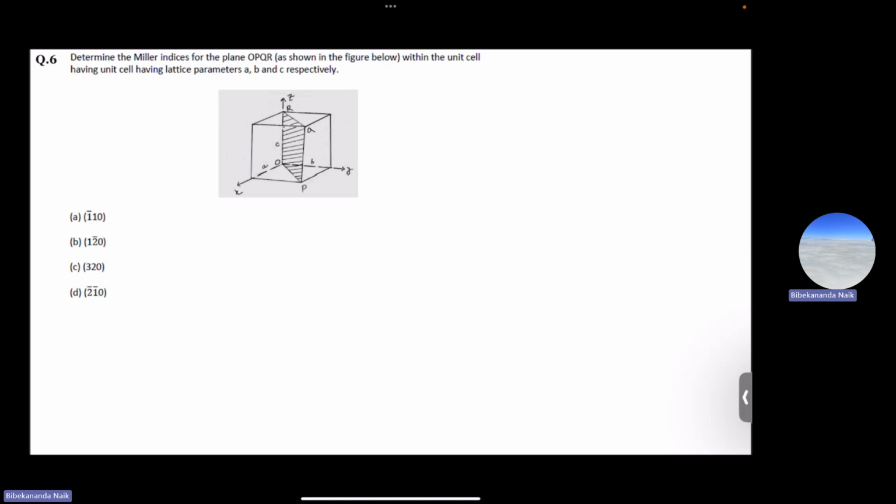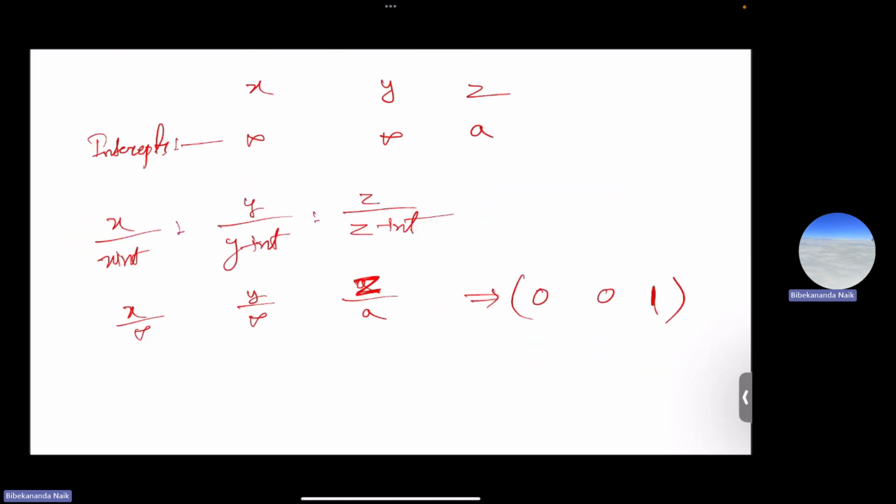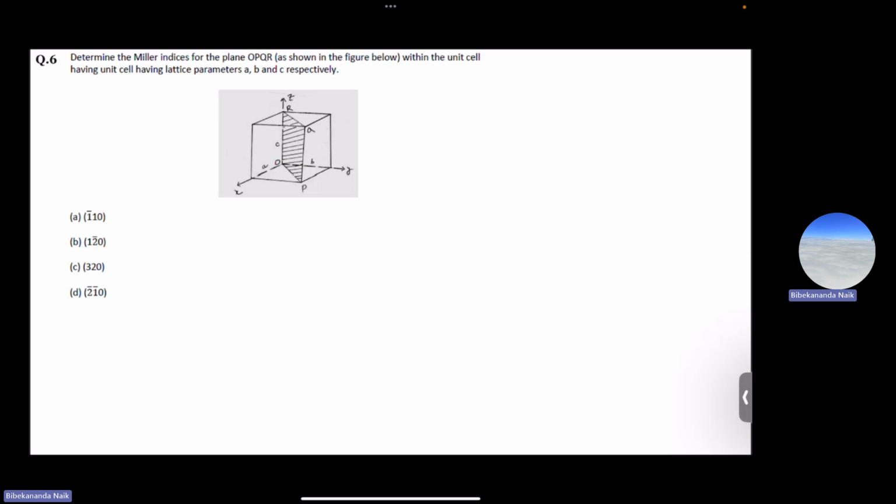Then question number 6. This question is similar to the previous question. We again need to determine the Miller indices of the plane OPQR. This is the plane OPQR within the unit cell having unit cell lattice parameters A, B, and C respectively. Unlike the previous question, where the plane was parallel to the X and Y axes, this plane is not parallel to any of the axes.